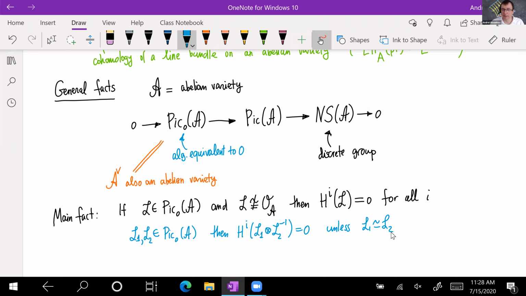So they're like characters of a group. They're just like orthogonality of characters. So this is what makes the Fourier transform work in analysis. So this makes the Fourier-Mukai transform work.